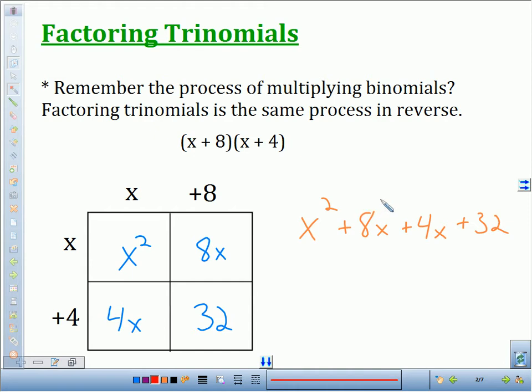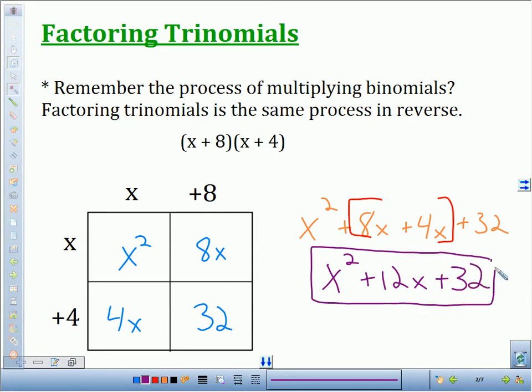And then of course, these two terms in the middle are like terms, so I can combine them. And I end up with x squared plus 12x plus 32. And that is the trinomial that comes from multiplying x plus 8 times x plus 4.